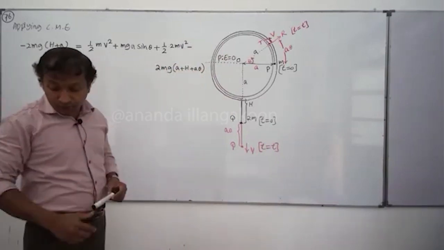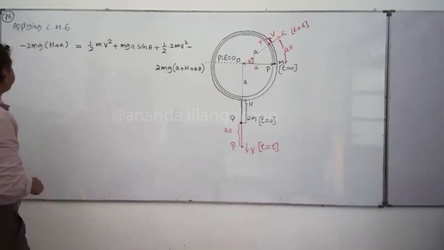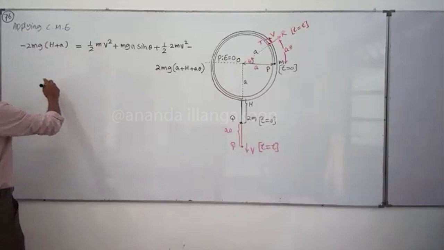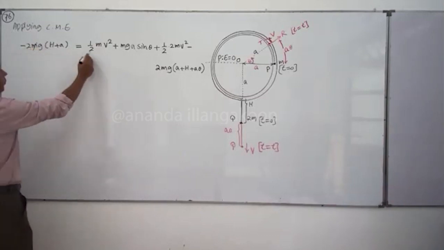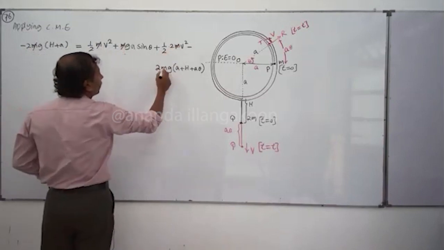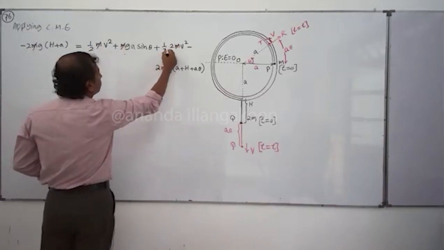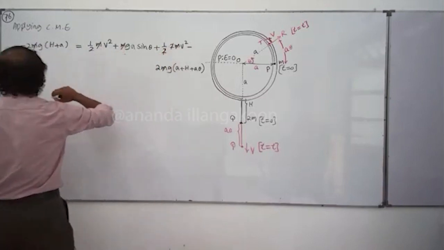So now when you simplify this, the first answer you can take. Here we can cancel down this m, and the 2 also we can cancel down.